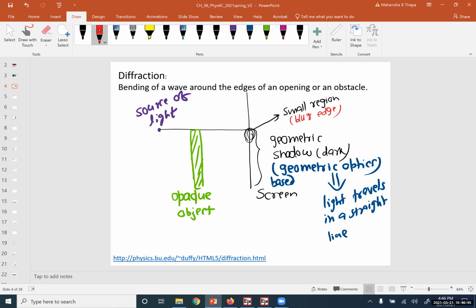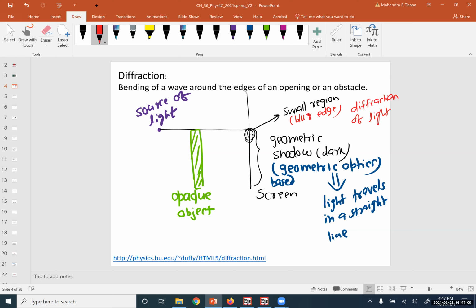This is because of the diffraction of light, of electromagnetic wave. This bending of light when there is a small opening or an edge is called the diffraction of light.